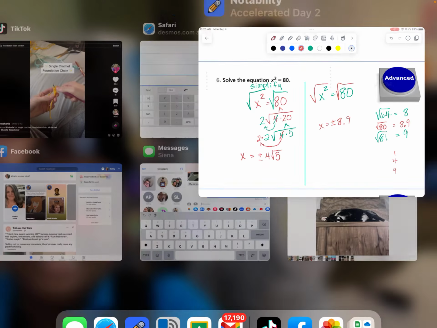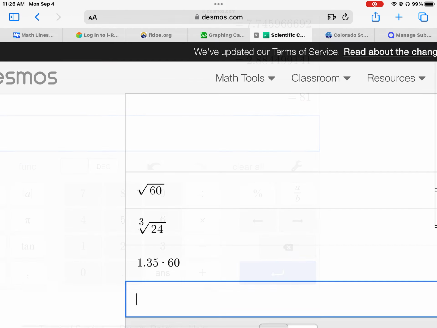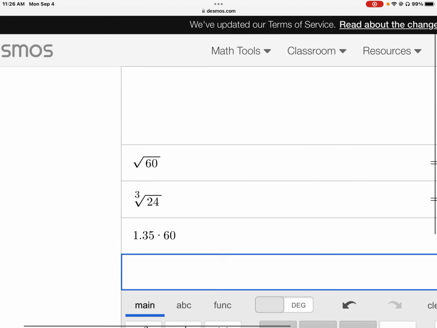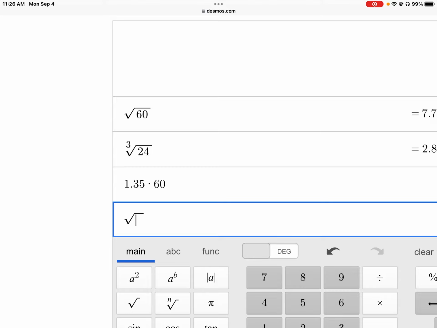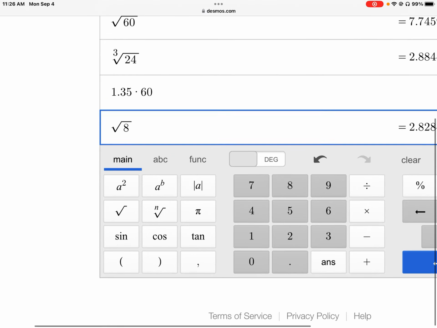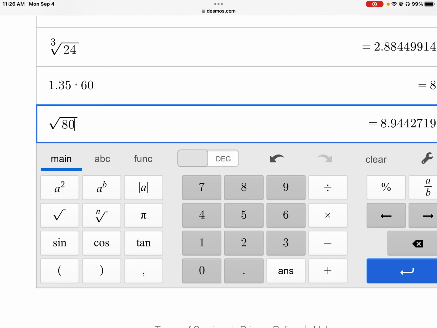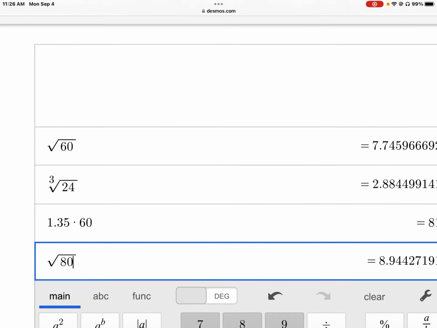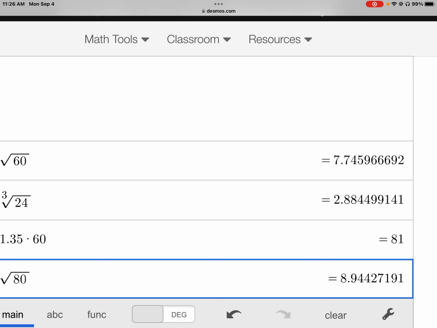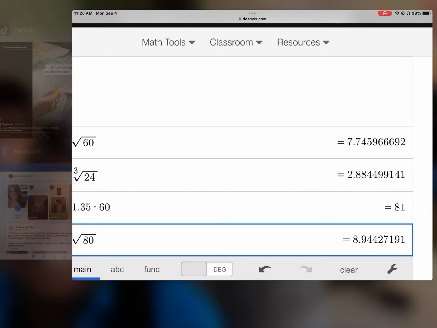So if I go to Desmos and I put in the square root of 80, I can see my answer is 8.94427. So I am really close with my 8.9. When we were figuring out the square root of 60 earlier, we said 7.7.